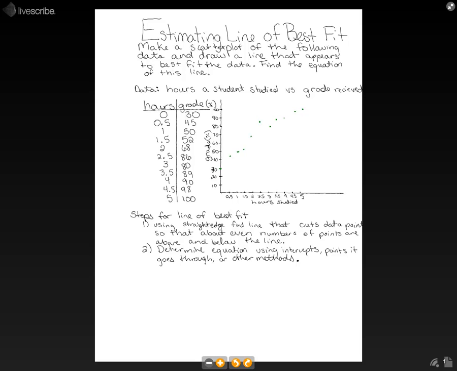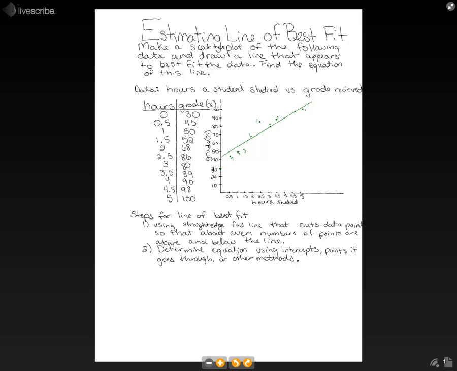So if I decide to draw my line right here, I have 1, 2, 3, 4 points below it. I have 1, 2, 3, and kind of 4 points above it. So it's about roughly even.